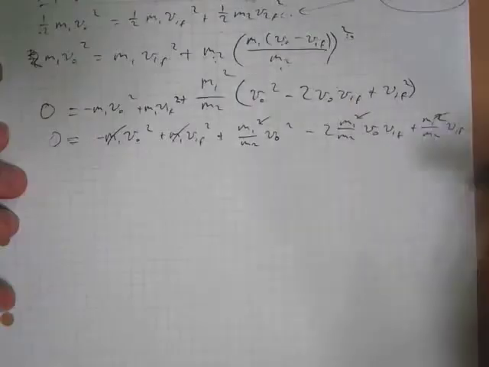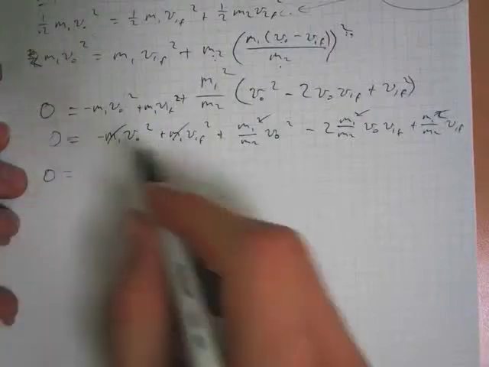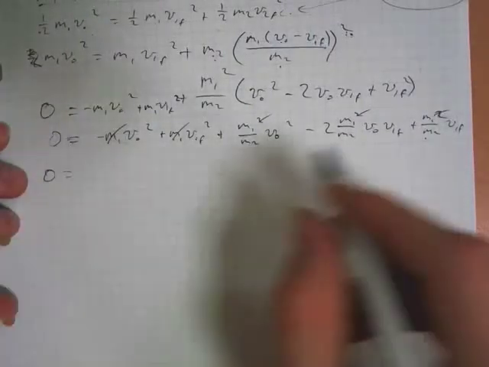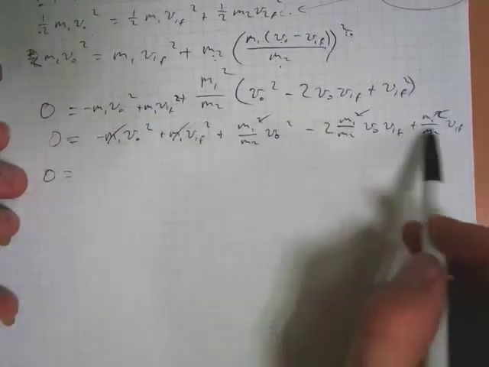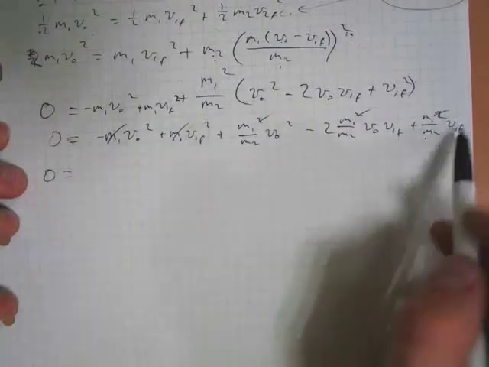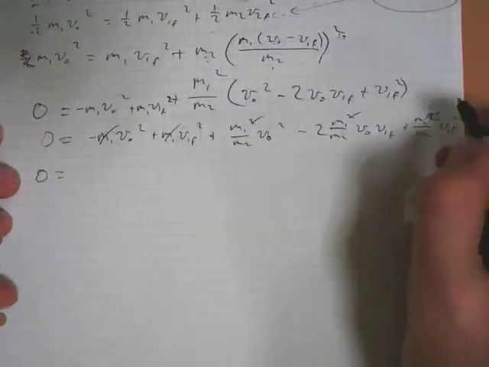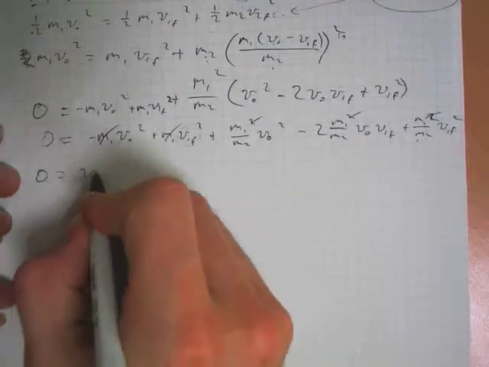And then to make it a little bit nicer, I'm going to multiply through by m2, and I'm going to group like terms of v1 final squared.